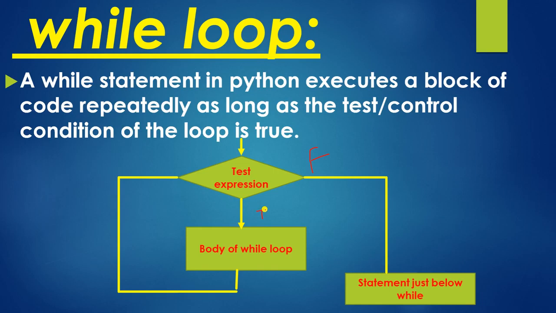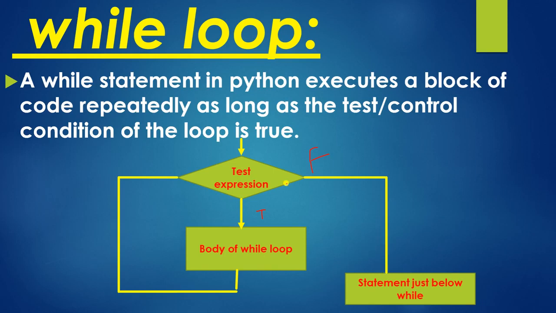If the condition is true, then the body of the loop gets executed. Again the control condition of the loop is tested. If it is true, then again it will go and the loop continues as long as the condition remains true. When the test outcome of this condition becomes false, the loop is not entered again and the control is transferred to the statement that is immediately following the body of the loop.